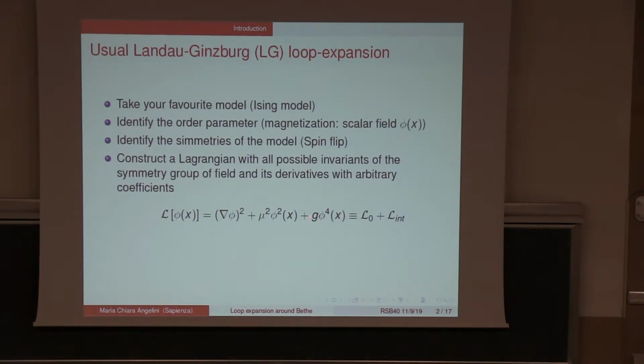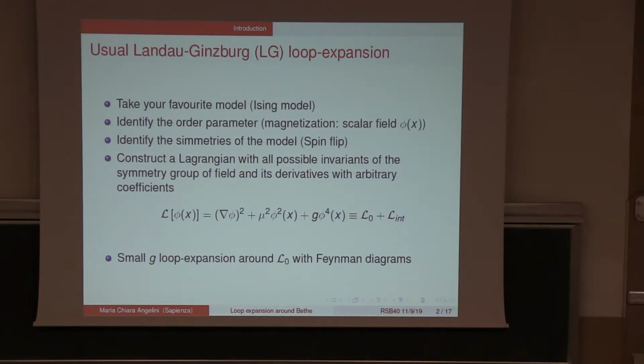Then you can introduce this g, and do a small g expansion, not a loop expansion, around this L0. Then you have some rules to construct your Feynman diagrams. What is the next order? This is the order g of the expansion, because you just have a quartic vertex, and each vertex leads to a factor g.